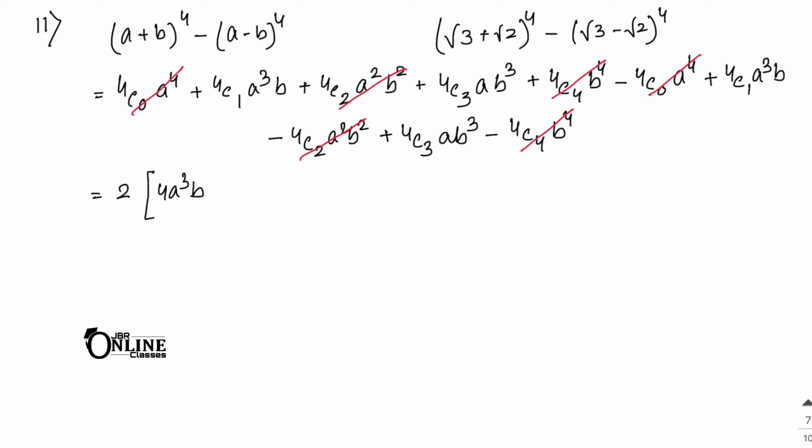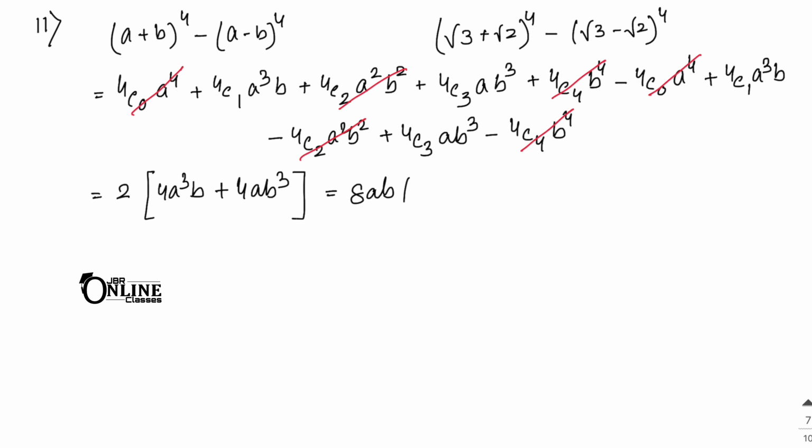Next one 4c3, it's also 4, so 4ab cube. Then 2 into this one. So if you take 4ab common, it will be 8ab and in bracket you have a square plus b square.